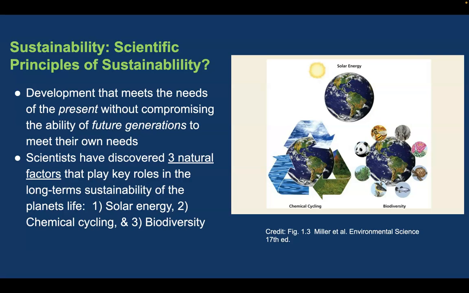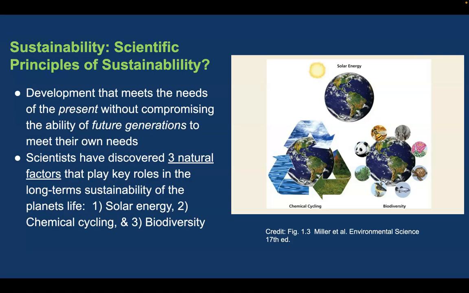That solar energy is also very important for productivity, such as primary productivity and our photosynthetic organisms. So it's easy to see how solar energy plays a key role in the sustainability and stability of this planet.